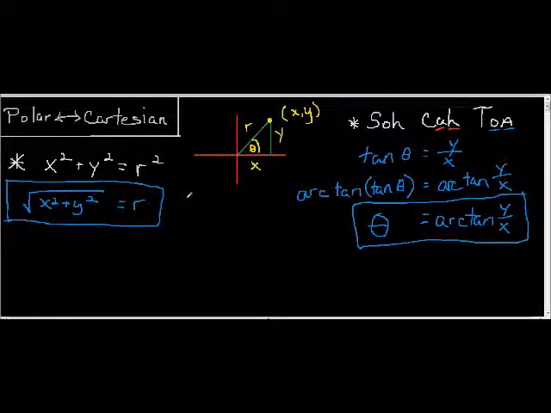So we would go ahead and write the cosine of theta equals, our adjacent is our x, and our hypotenuse would be then our r. So now solving for x, we just multiply both sides of this equation by r, and that gives us x equals r cosine of theta.